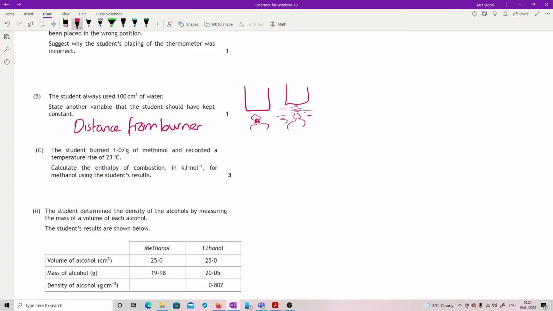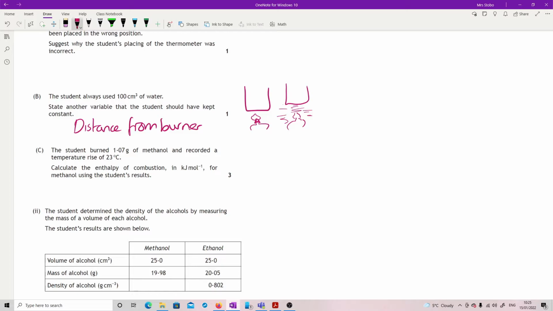So if you said that the metal beaker should be made of copper in both, or should always be aluminium, because at the moment it just says metal. And then there also was the idea that you might want to put the draft proofing around the outside to try and prevent issues of movement of heat. But actually that's an answer further on. So distance from burner is what I would expect.